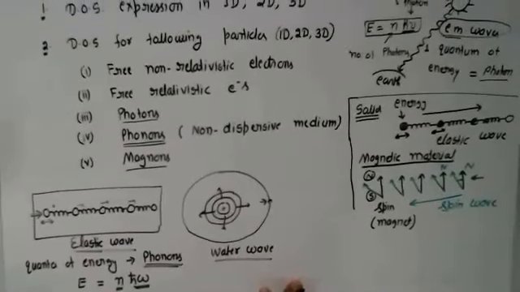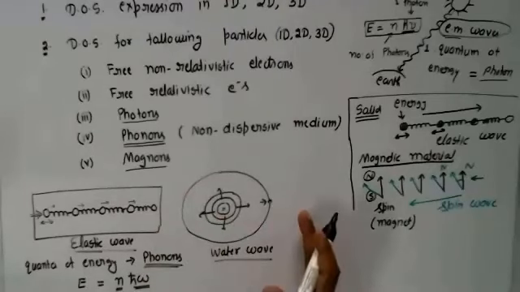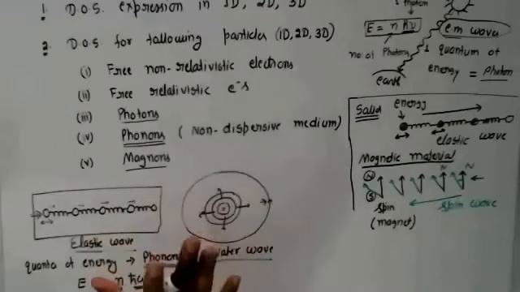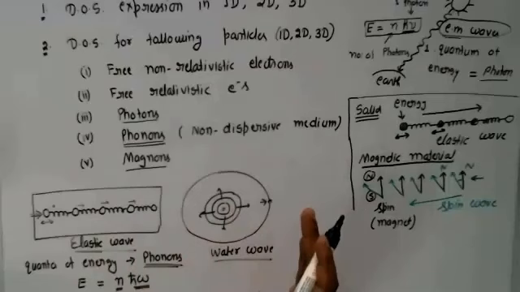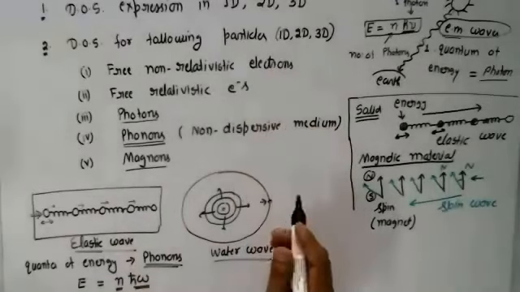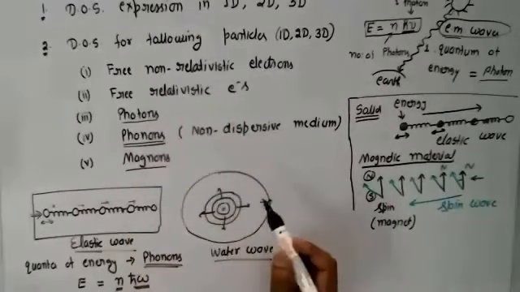And this is a very, very important topic because the density of state is the backbone of solid state physics. I can tell you that the remaining part of solid state solely depends upon the density of state. So you need to understand how to write down the density of state in 1 dimension, 2D and 3D, and using this expression how to calculate the density of state for different types of particles.